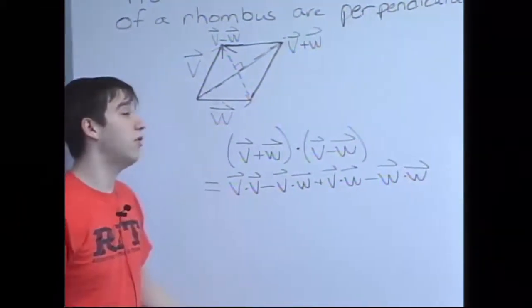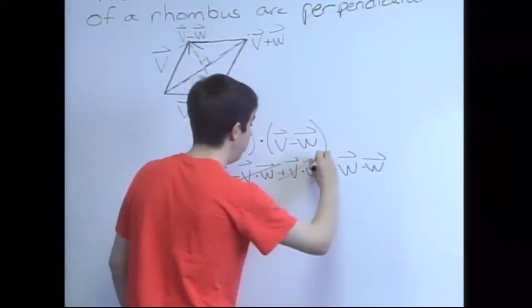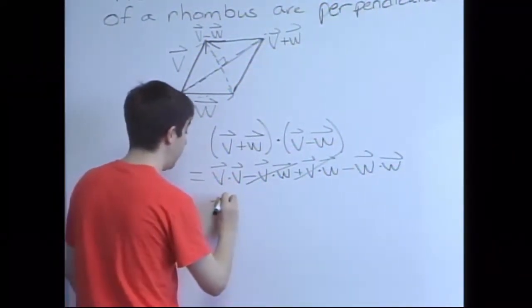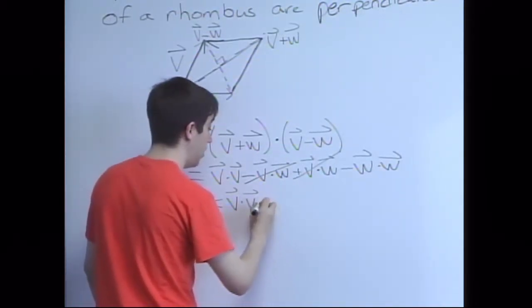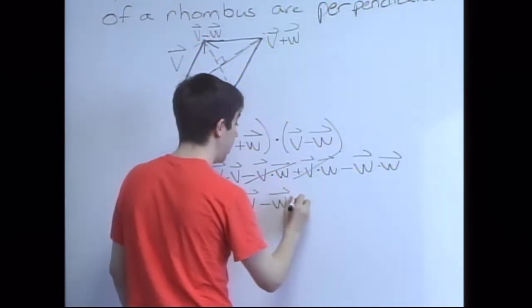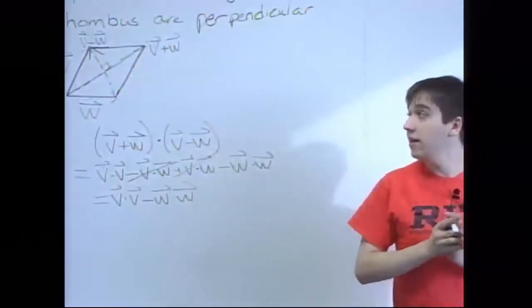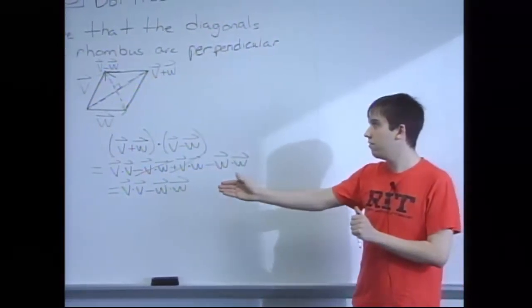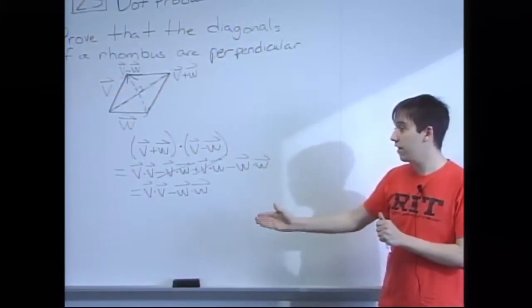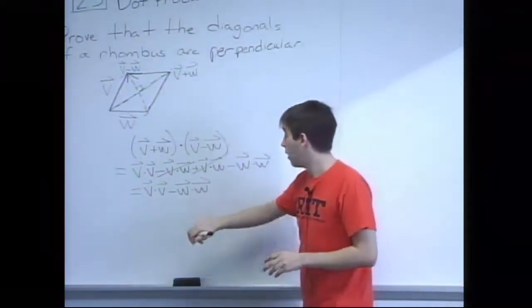Okay, so it's sort of a difference of squares sort of thing. We end up getting the cancellation of two terms, and we just end up getting that this dot product is equal to v dotted with itself minus w dotted with itself. Now, if you remember, v is the vector that represents one of the sides of this rhombus, and w is the vector that represents the other side of this rhombus.